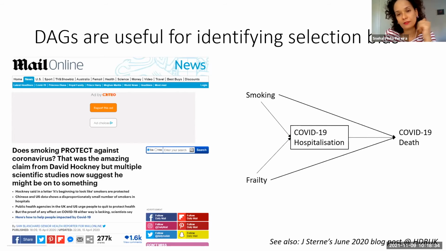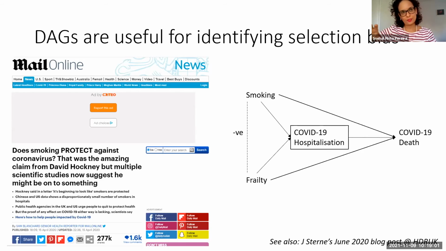Now, you're going to be in hospital for COVID-19 if, for example, you're frail and you're older, you're more likely to be hospitalized. Or if you're a smoker and you're not frail and so you're potentially younger, you're more likely to be hospitalized, yeah? So by conditioning on the people who are hospitalized for COVID-19, you're creating this really weird and spurious relationship between things like frailty and smoking.